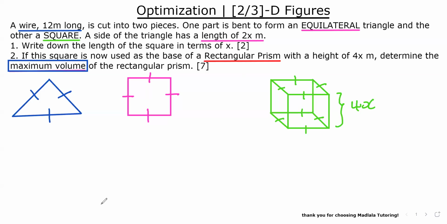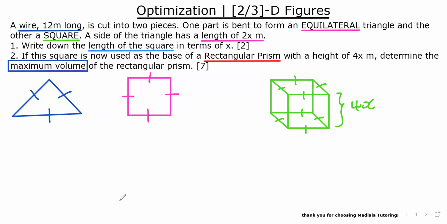So what is the first question asking from us? Well, it's something that is very simple. Tell us, what is the length of one side of a square? That's all they're saying to us, right? So here we need to analyze a little bit, okay? Remember what they said to us.